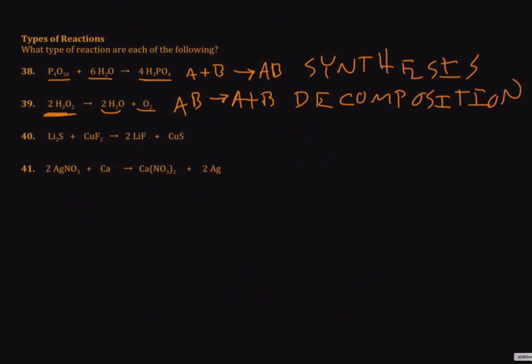In this next one, we have two compounds on the left and two compounds on the right, but they're different combinations. So we have effectively AB plus CD gives us AD plus CB. That's called a double replacement reaction or double displacement. Either way is fine.